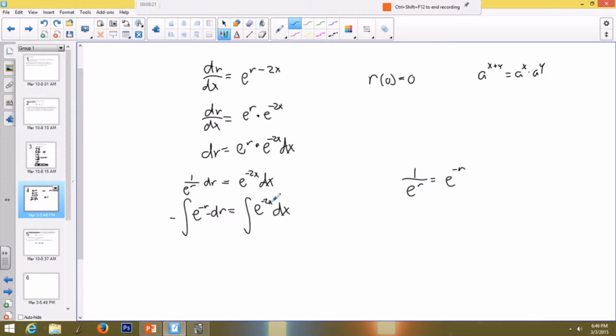And this one, I've got e to the negative 2x. So the derivative of e to the 2x is just 2. Let me start over. Let e to the negative 2x, let negative 2x be my u. For me to do that substitution, the derivative of negative 2x is just negative 2.